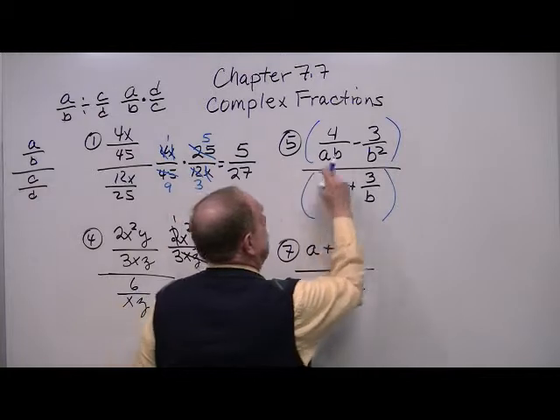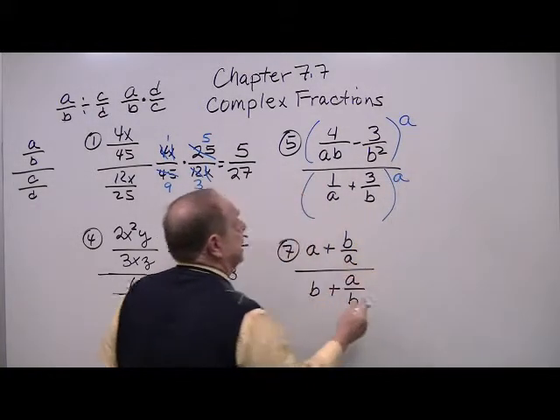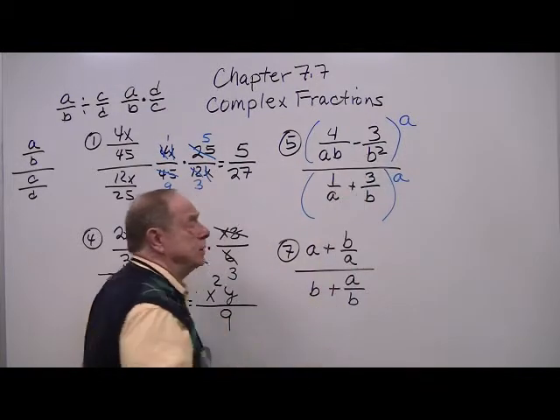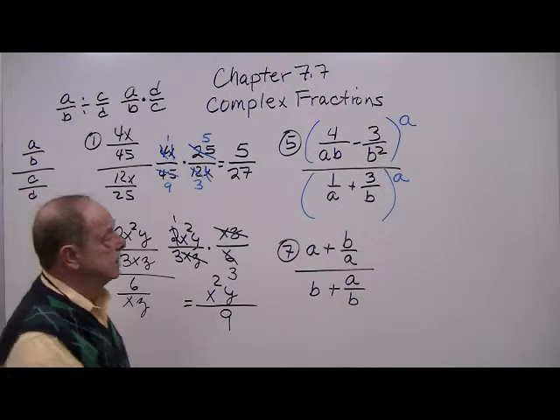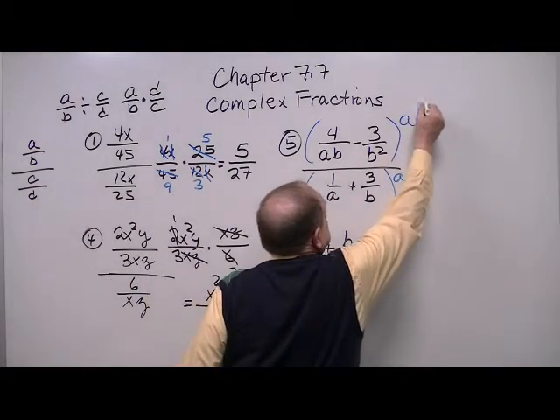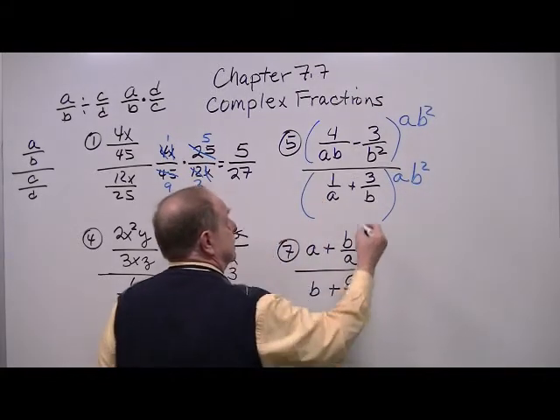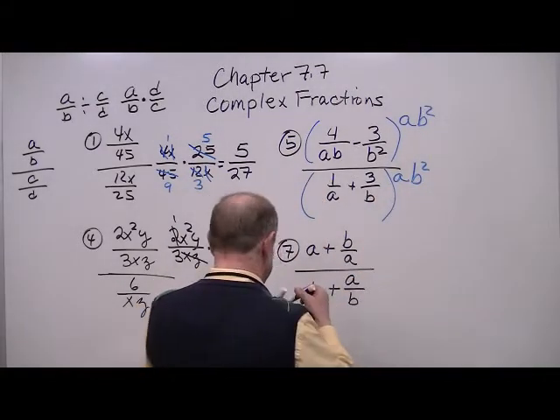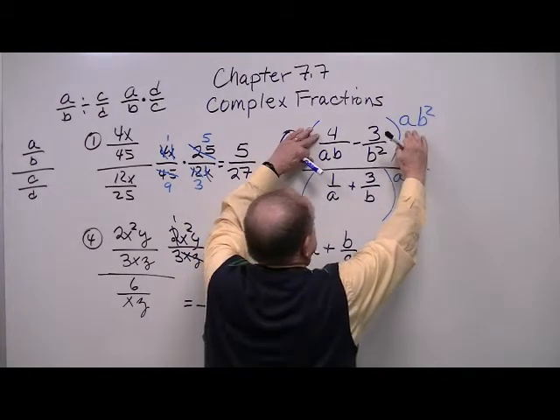Well, we know we need an a. And then we're going to need a b, but which power of b? Well, b to the second. So we're going to multiply each term by this.